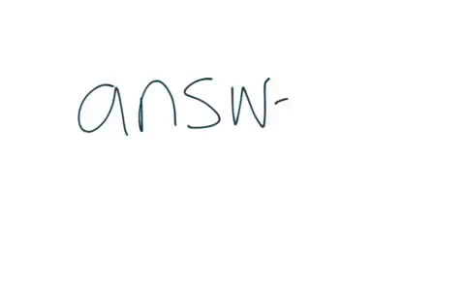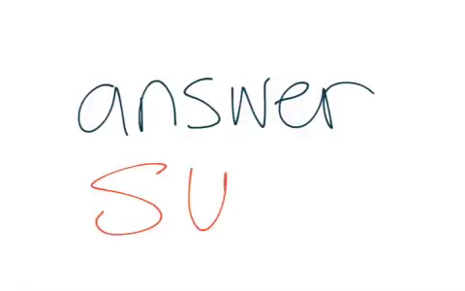The next thing that I want you to pause and respond about is, what do we call the answer to an addition problem? So go ahead and hit the pause button and write down what we call the answer to an addition problem. The answer to an addition problem is called the sum.